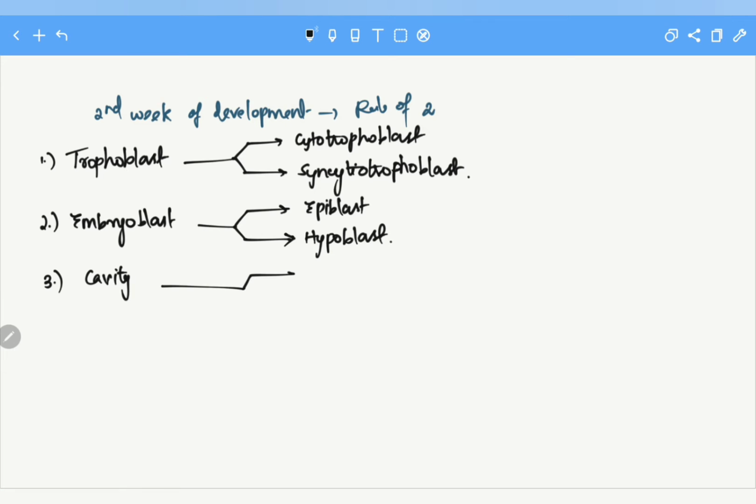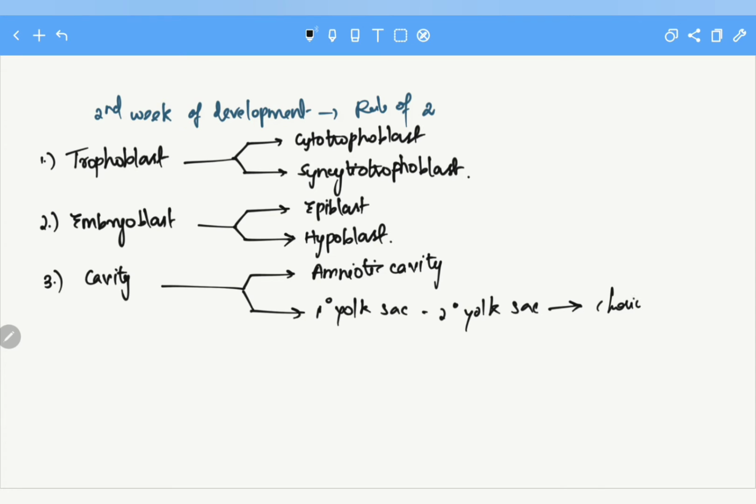Those 2 cavities are the amniotic cavity, and the second is the yolk sac, the primary yolk sac. Then it develops into a secondary yolk sac, and finally it transforms into a chorionic cavity.